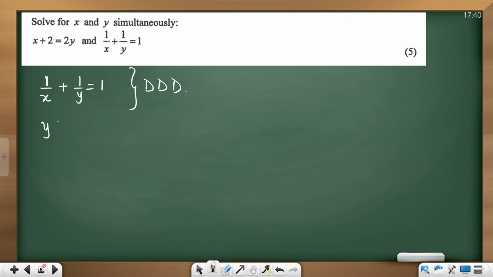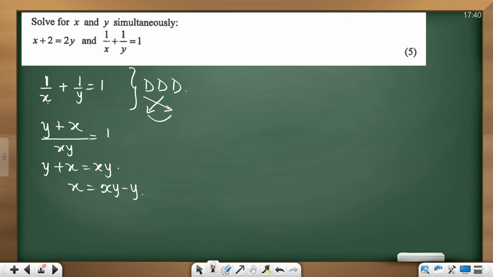Plus there. 1 times x would give us x. So it is the first diagonal this way, then the second diagonal that way, then the over xy equals to 1. We can cross multiply.